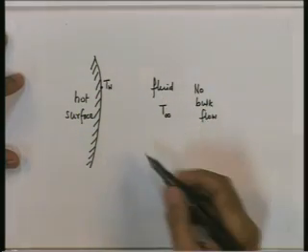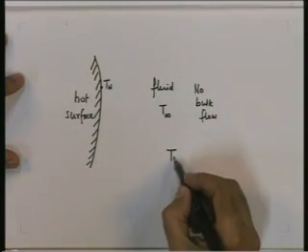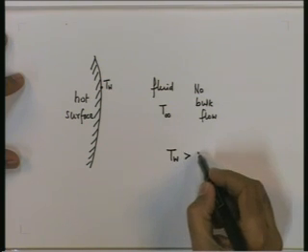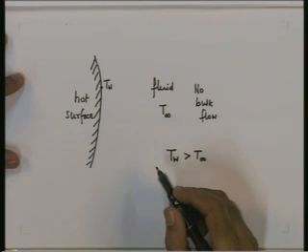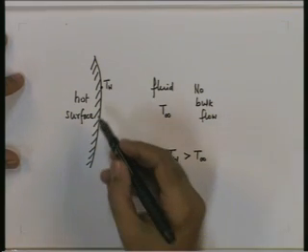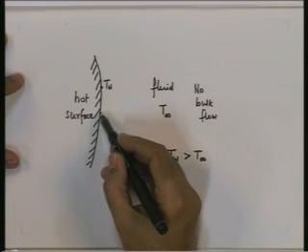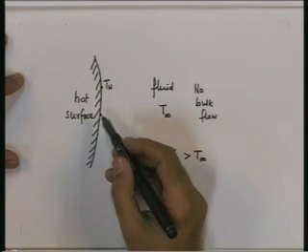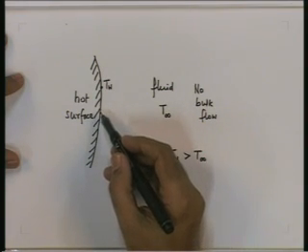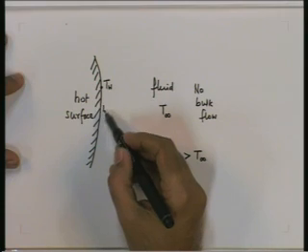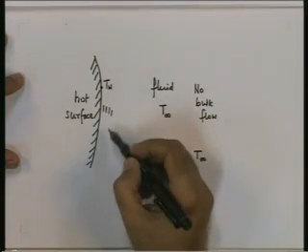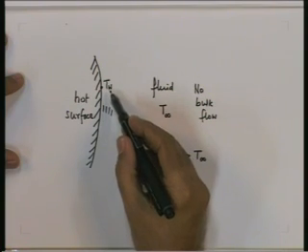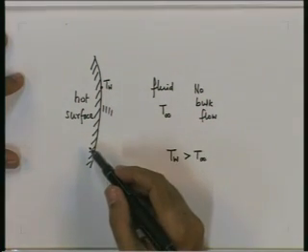But now let us assume that the hot surface has a wall temperature which is higher than the fluid temperature. The fluid is not flowing, so because of conduction from the hot surface, layers near the hot surface will have their temperature approaching Tw.